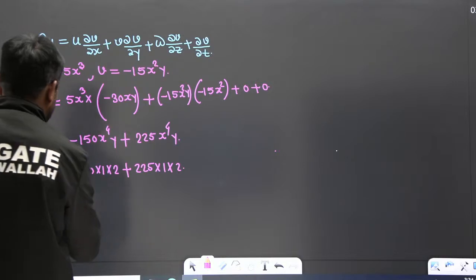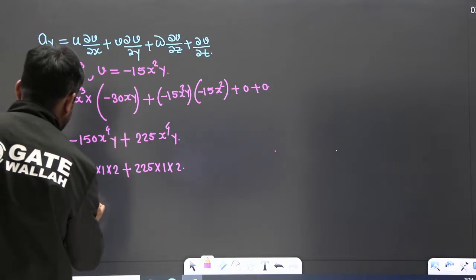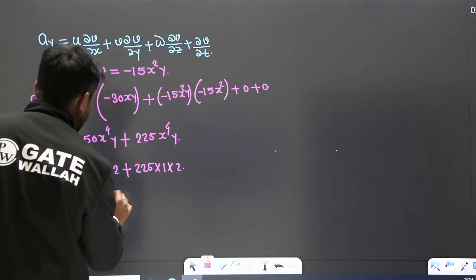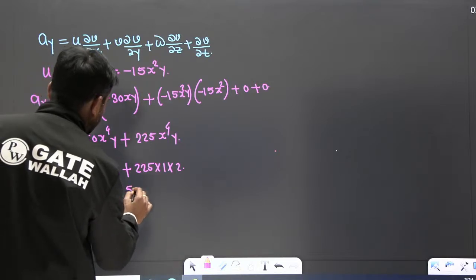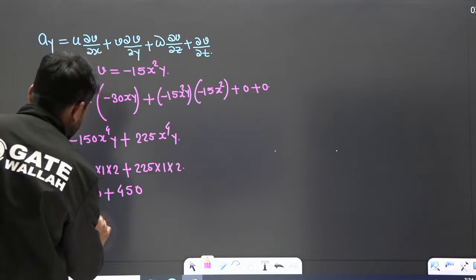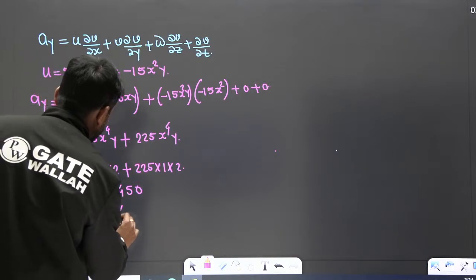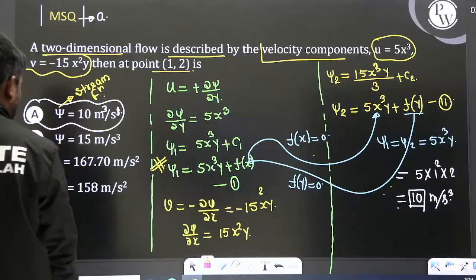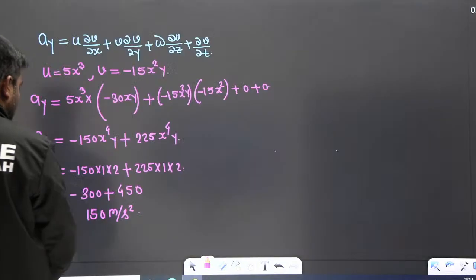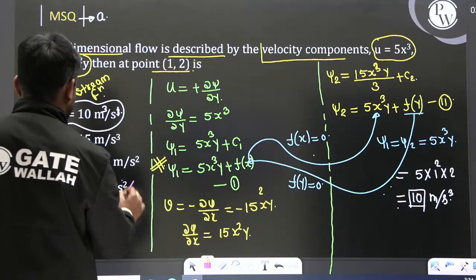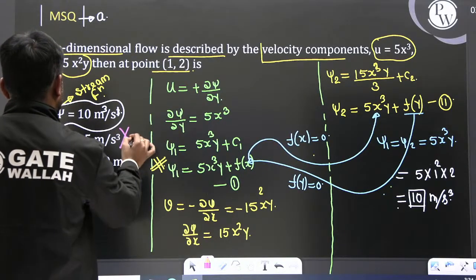So I think this will become minus 300 plus 450, so that is 150 meter per second square. Clear? That is not correct.